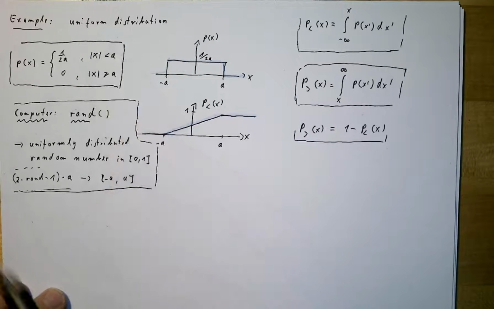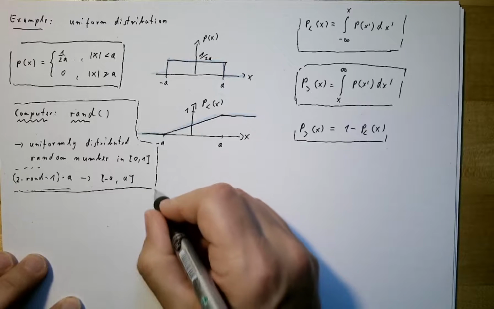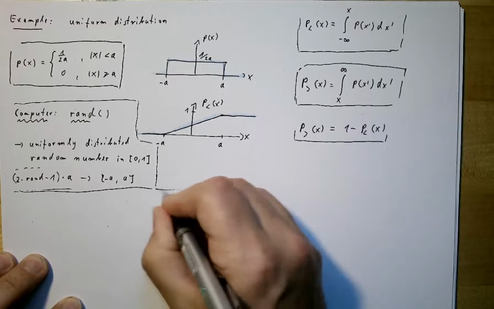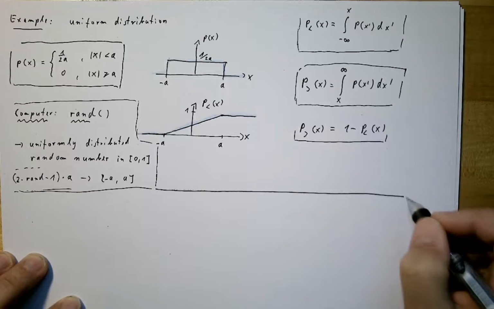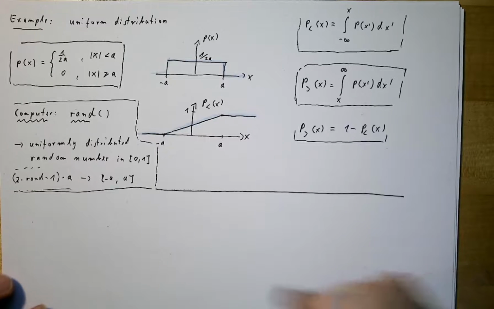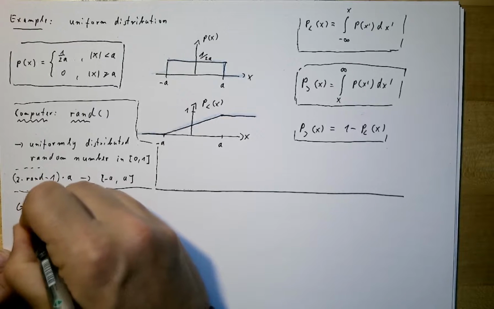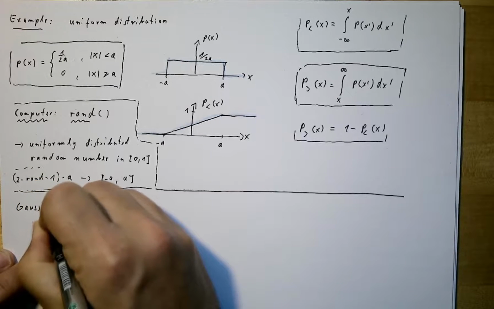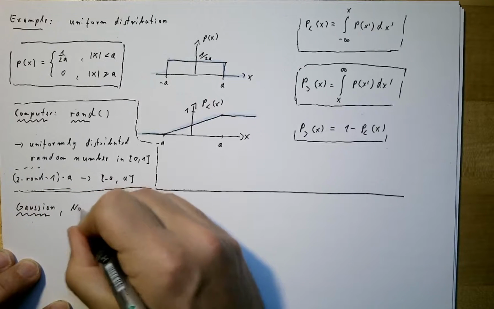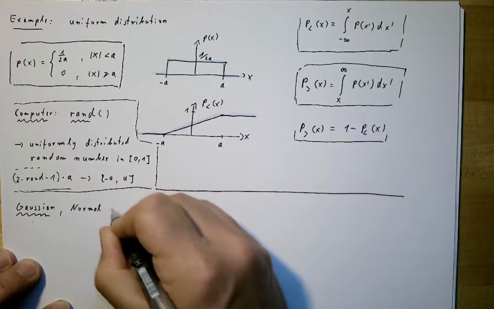So that was the uniform distribution, one of the most basic distributions. And the second really fundamental distribution is the Gaussian, or normal distribution.